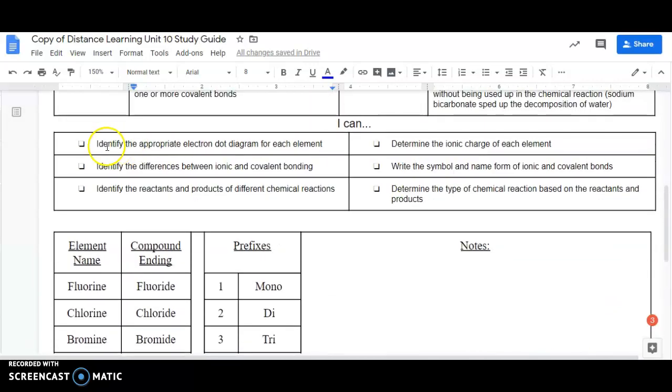Okay, down here under I can, so I can identify the appropriate electron dot diagram for each element. So if you go back into the book, each dot on the electron dot diagram represents a valence electron. So if I have something like hydrogen with one valence electron, I'm going to put one dot next to it.